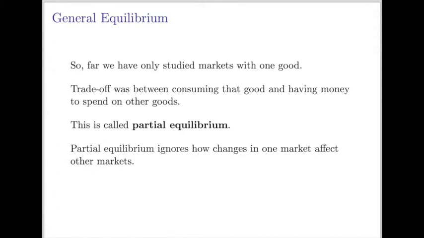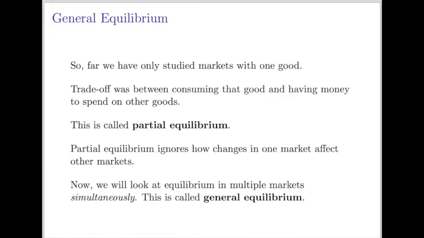What that model does is it ignores how one market affects another. So if you have two separate markets, you have two different goods, remember we said we're going to fix prices in all the other markets and we're going to look at just the market for one particular good. So when you do a partial equilibrium, it ignores the effects that one market could have on another.